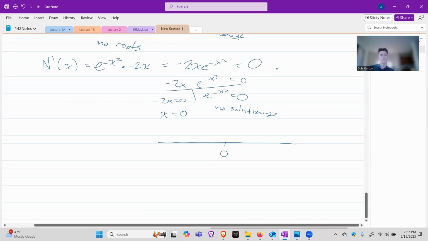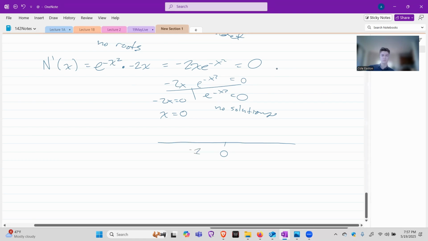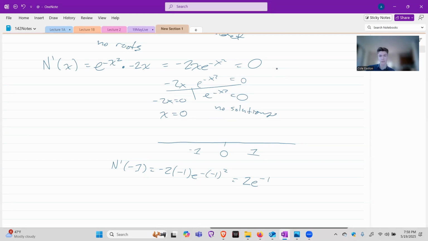And let's come up with a number to the left of this. For example, we could pick -1, and to the right, we could pick 1. So n prime of -1 is -2 times -1 times e to the -1 squared. So that's -2 times -1 is 2 times e to the negative, now -1 squared is just 1, so it's to the -1 because there's also that negative out in front.